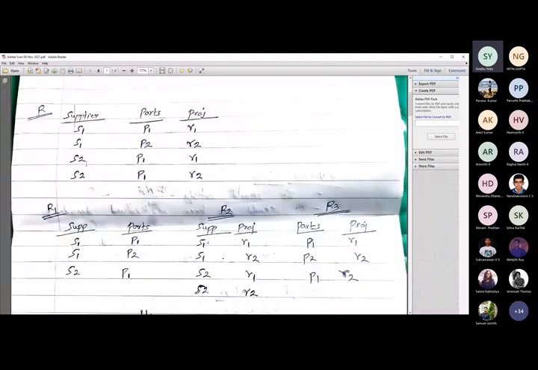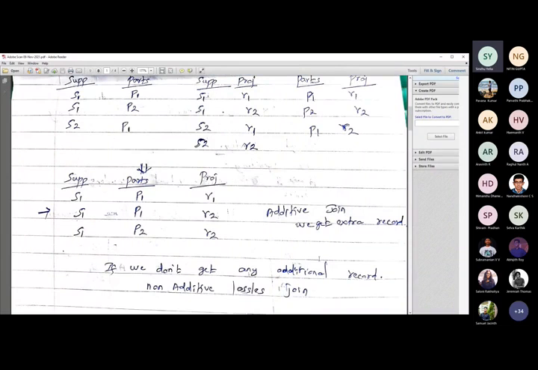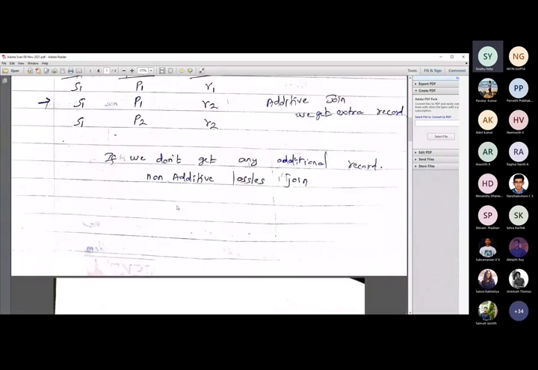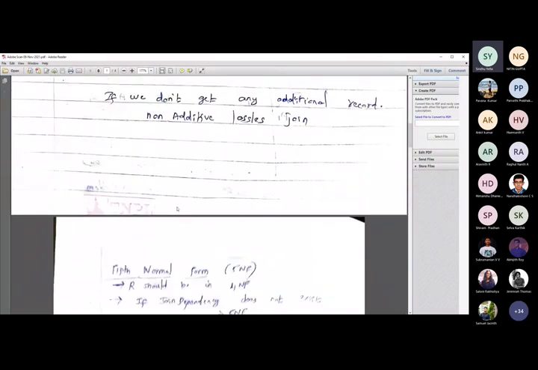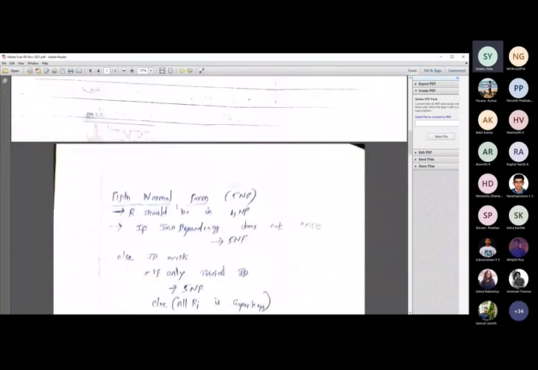So due to these additive joins, we get some extra records, right? So if you don't get any additional records, we say that it meets the requirements of fifth normal form, right?